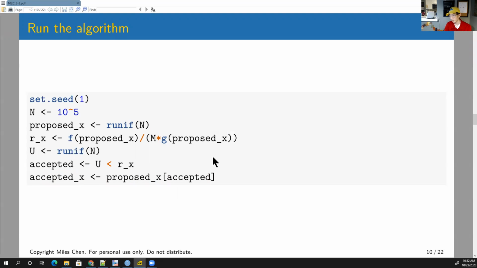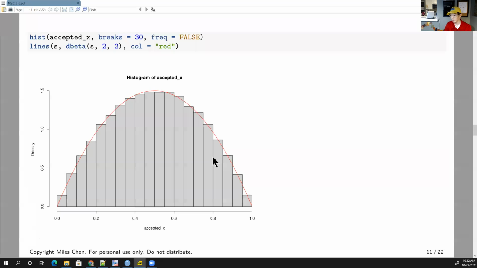So if I take accepted x and create a histogram of it, the histogram's in gray, and if I overlay the beta 22 density, we can see that we've done a pretty good job of generating values from the beta 22 density.